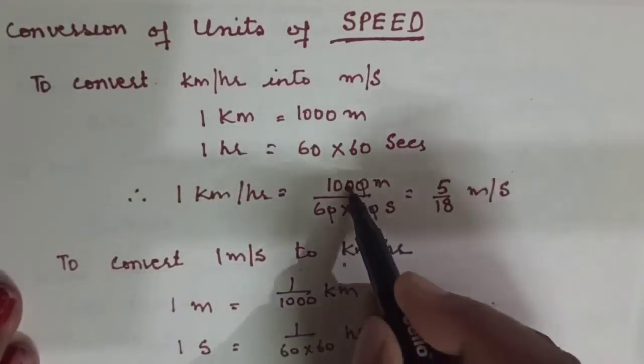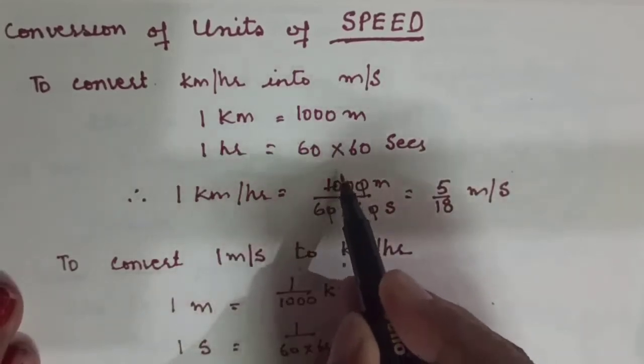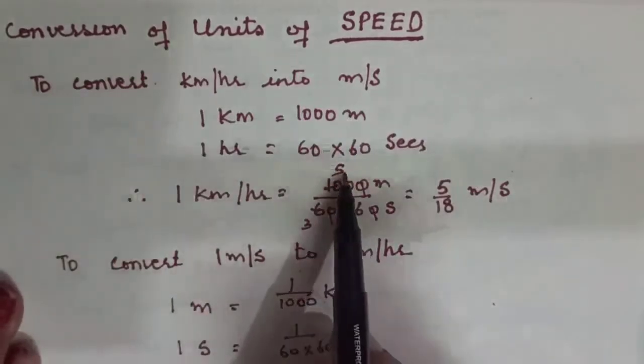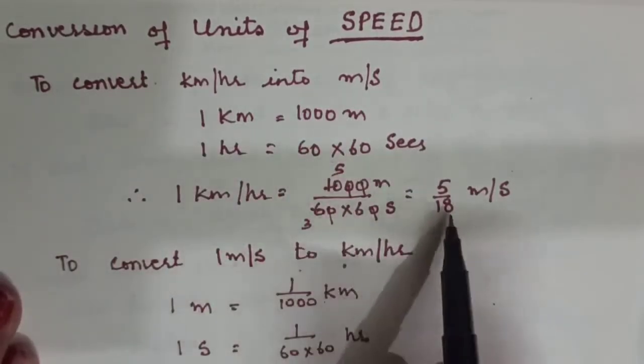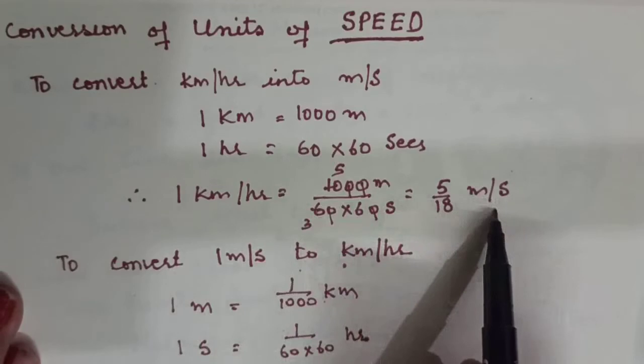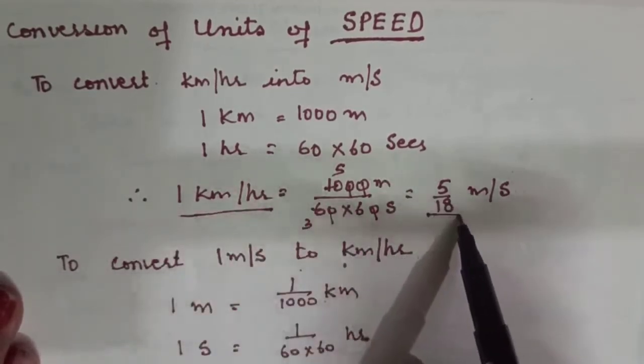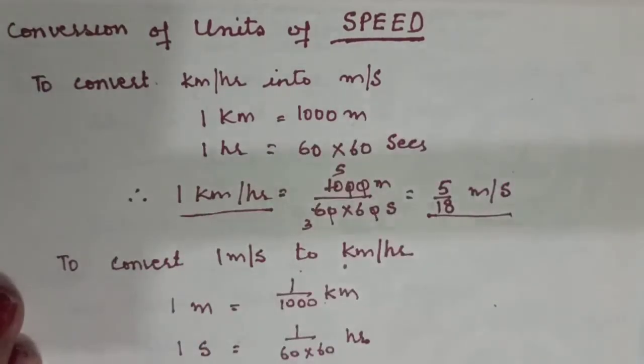We can cancel here, and we get 5 on 18 meter per second. So we can say 1 kilometer per hour is equal to 5 on 18 meter per second.